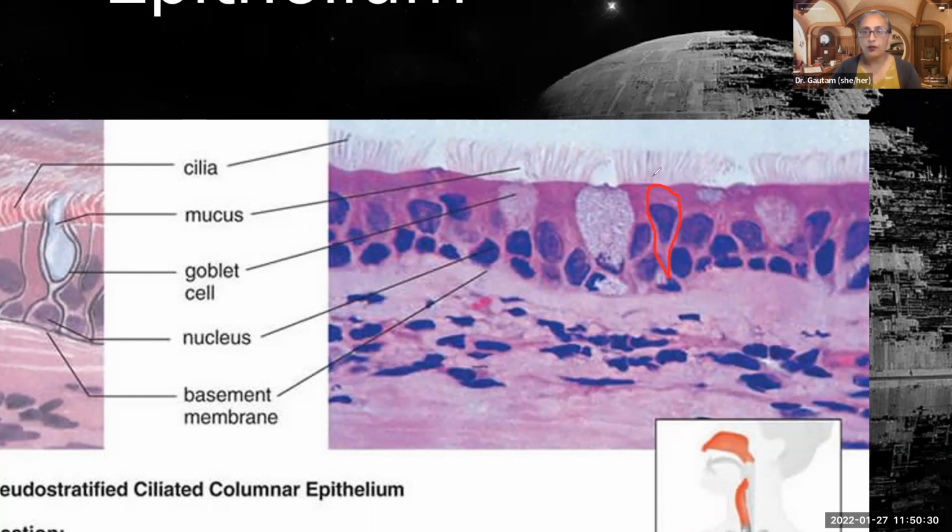This is the cilia that are sticking out, and these are ciliated pseudostratified epithelial cells. Okay, so these are simple pseudostratified columnar epithelial cells.